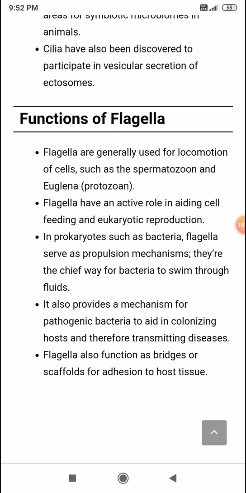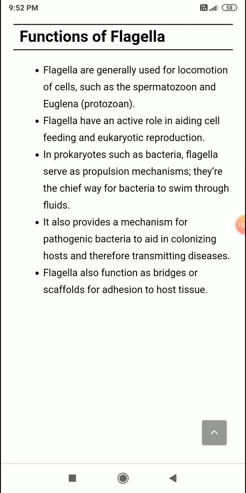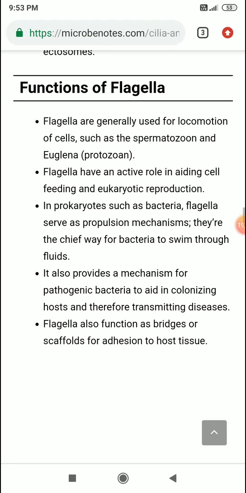They are the chief way for bacteria to swim through fluids. It provides a mechanism for pathogenic bacteria to invade the host and therefore transmit diseases. Flagella also function as a bridge and scaffold for adhesion to host tissues.